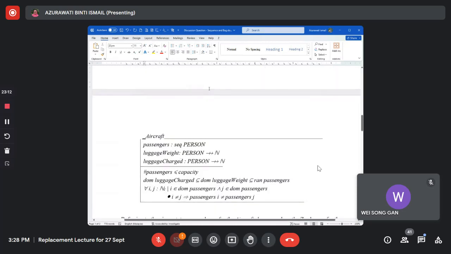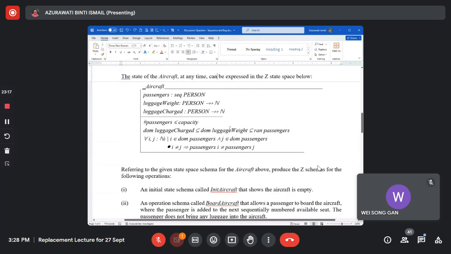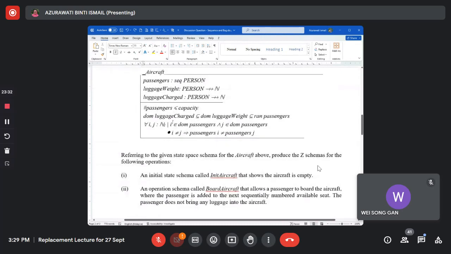In this question you are also given the state space for the aircraft. This is a sequence of person, together with the weight and how much you have to pay if you exceed the weight. You are also given that the number of passengers cannot exceed the capacity, and the domain here is related to the person.